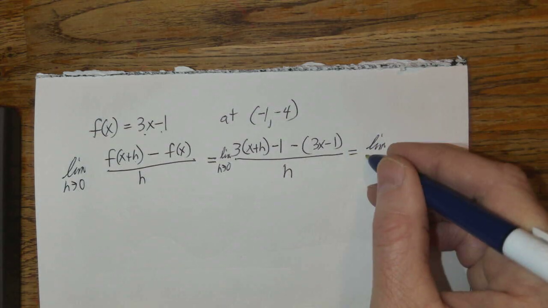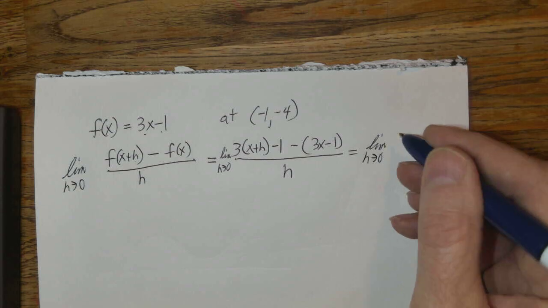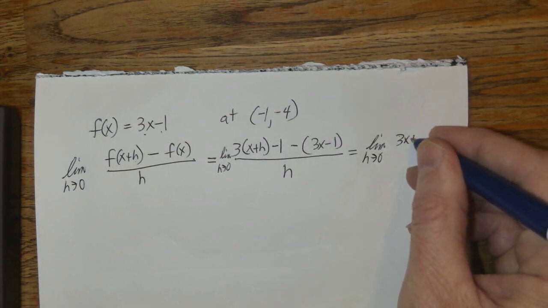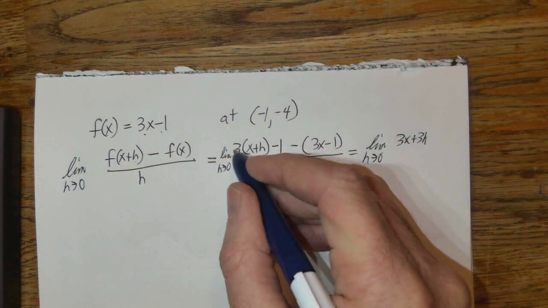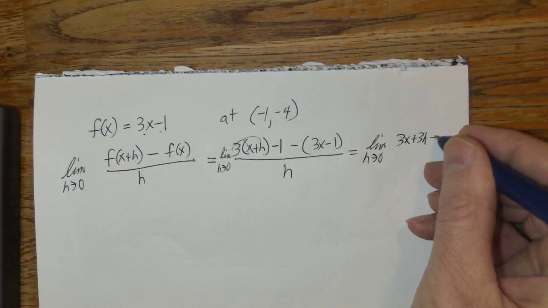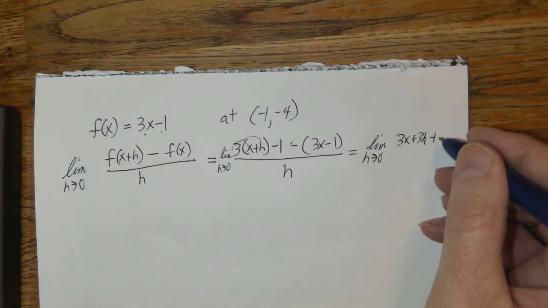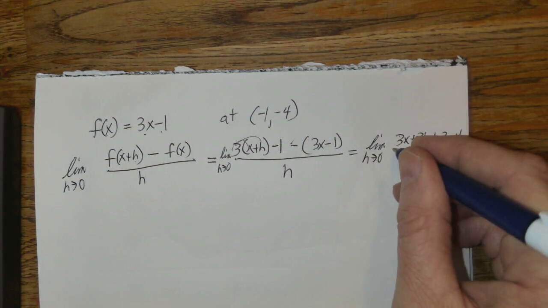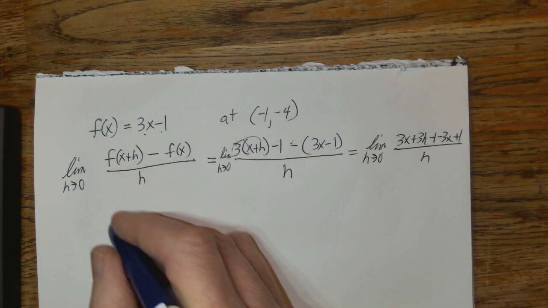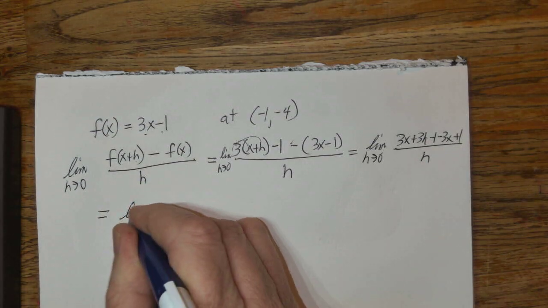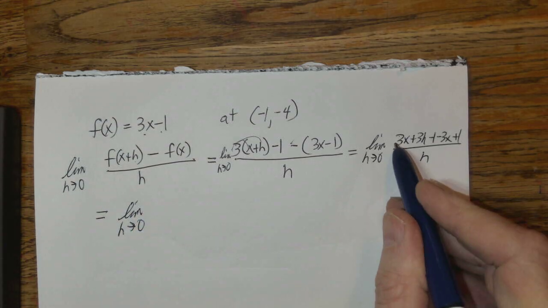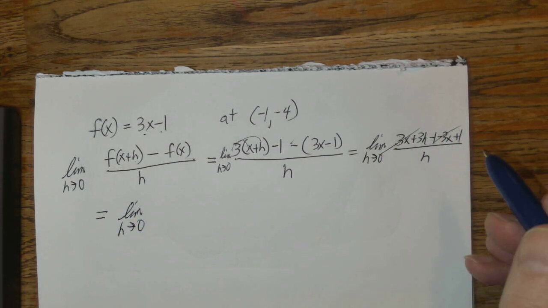And that is the limit as h approaches 0 of, what do we got? 3x plus 3h, distribute, we got the minus 1 here, and then the minus 3x here, and a double negative 1 is plus 1 here, and that is over h. So the limit as h approaches 0, the 3x cancels with the negative 3x.